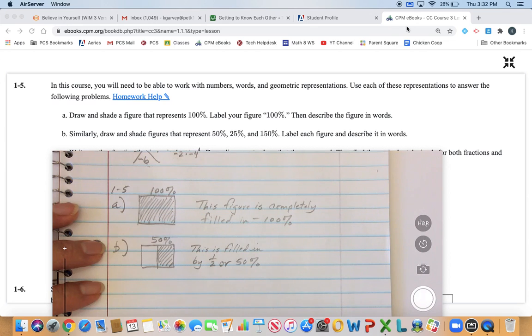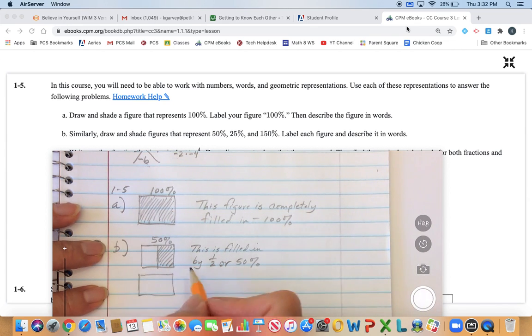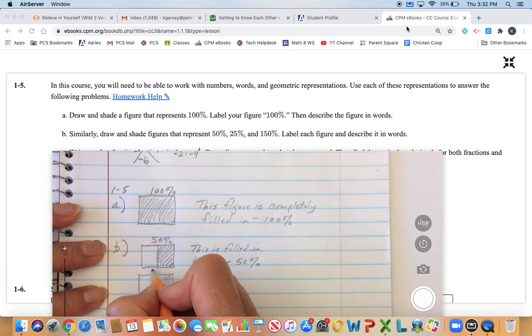Now, let's see, I'll do the other 25%. Okay, I'm going to draw a rectangle again. And half of the rectangle is 50%, and half of 50% is 25%. So now I'll just shade in that, and I will label this 25%.